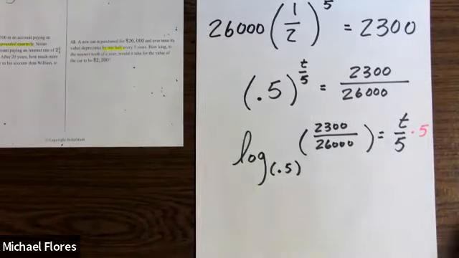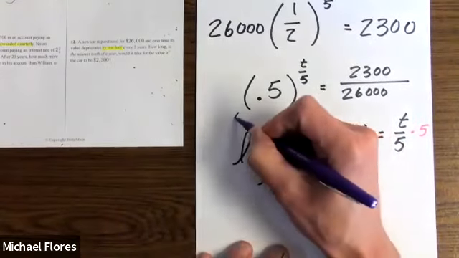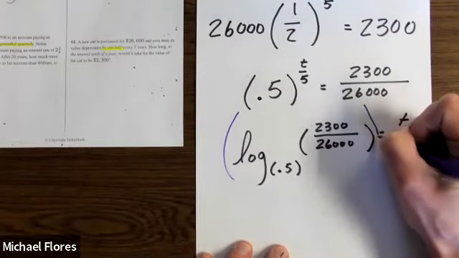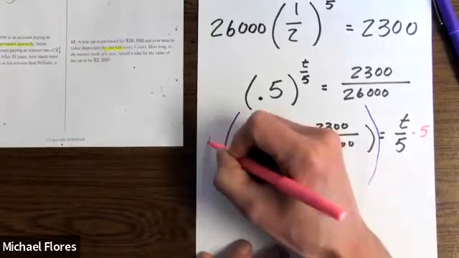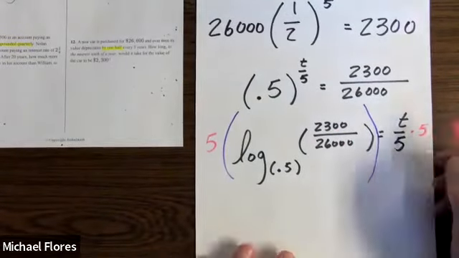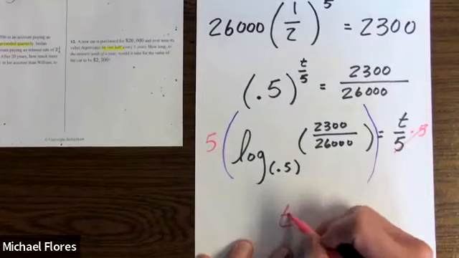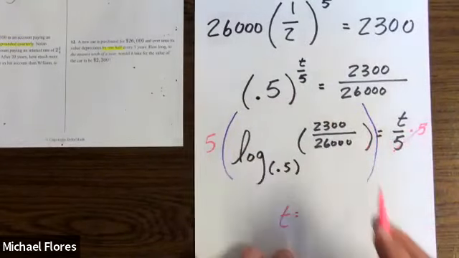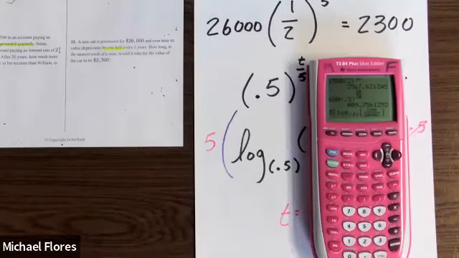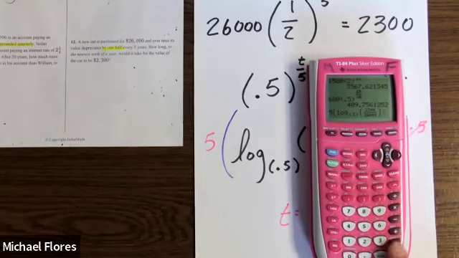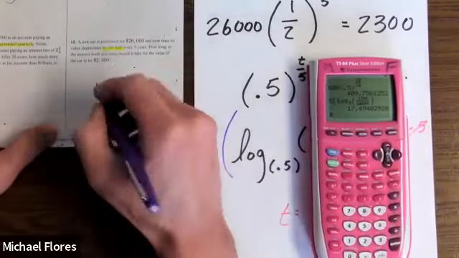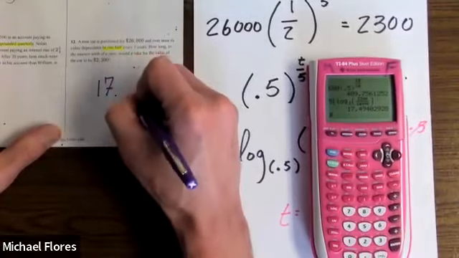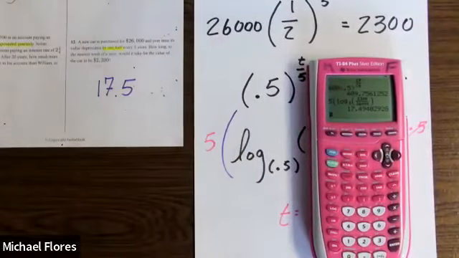When we do that, make sure to surround this entire portion in its own set of parentheses, and then multiply it by 5 outside of the parentheses. And by doing that, we will solve for t. So we're going to plug this into our calculator. Make sure your calculator looks like mine here. Enter. We're rounding to the nearest 10th. So it's going to take about 17.5 years.